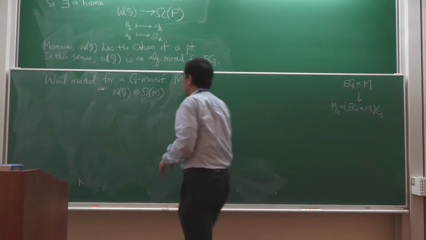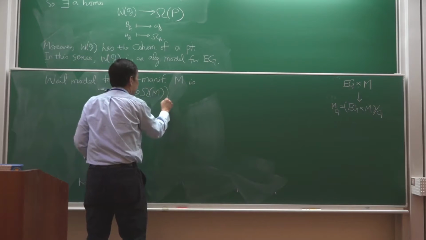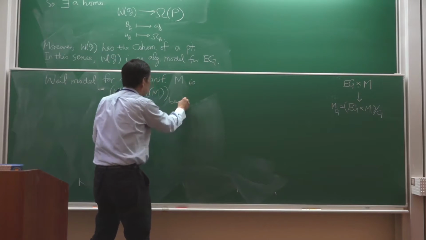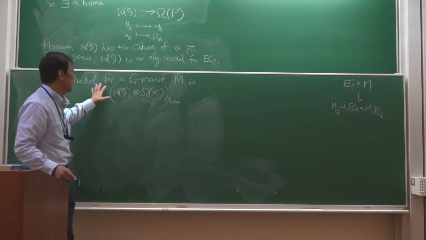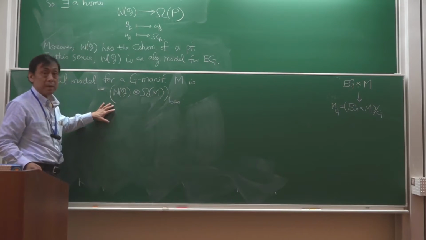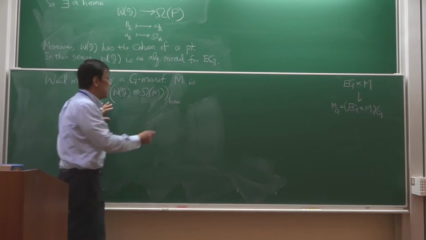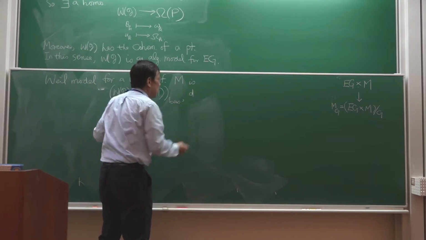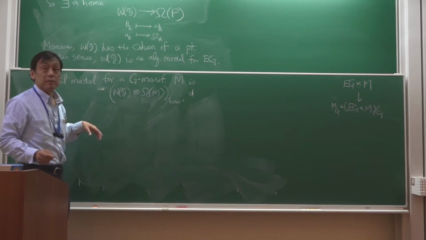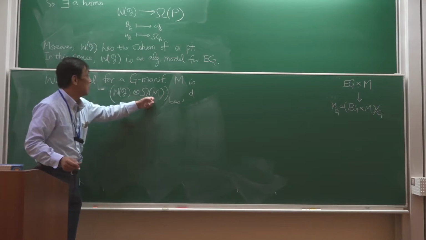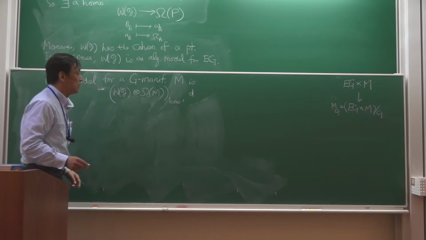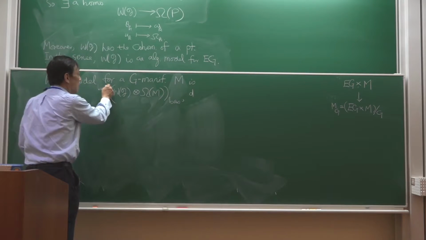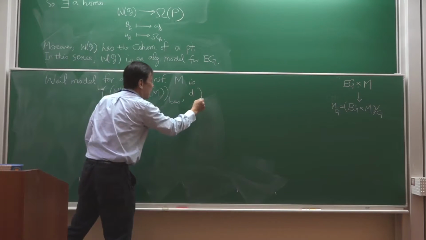So that's the basic elements of this algebra. Okay? So this is the Lie model. And it has an exterior derivative because each of these has a D. So the tensor product has a D. So this is the Lie model. Okay?